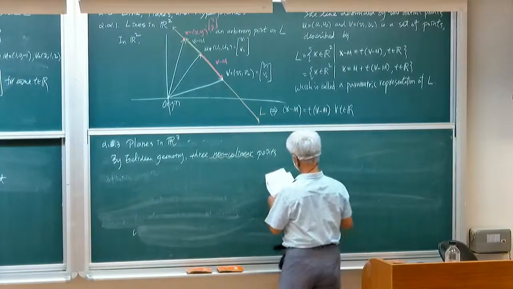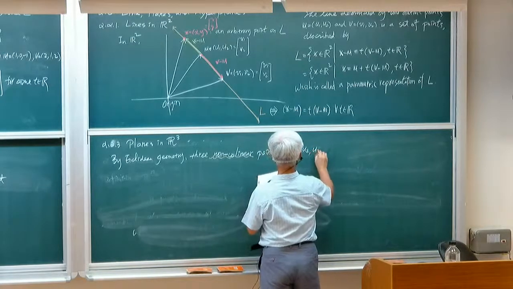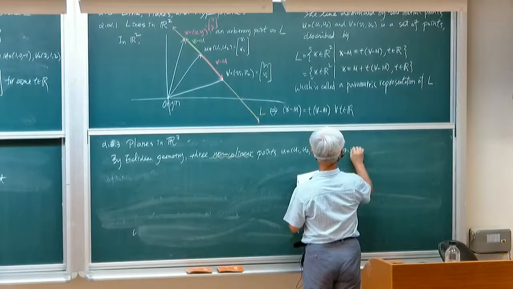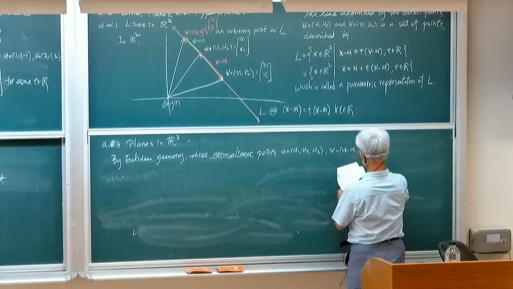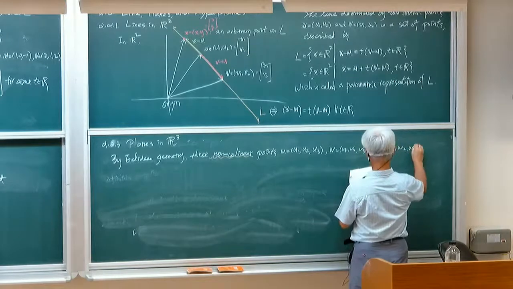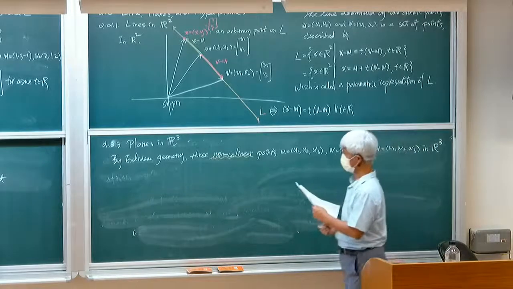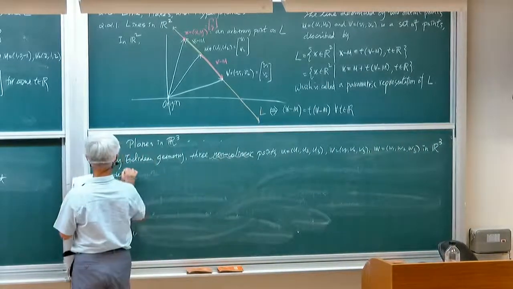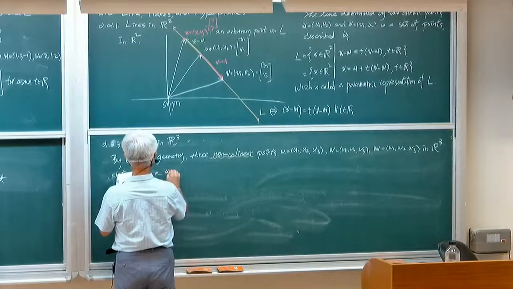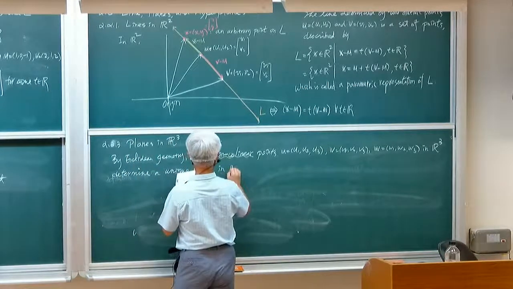Three non-collinear points U, V, W in R3 determine a unique plane in R3.